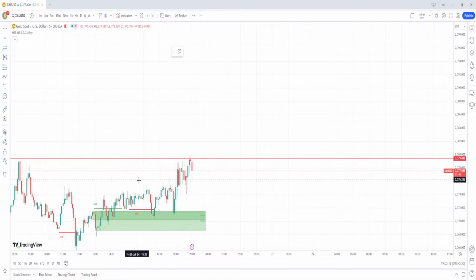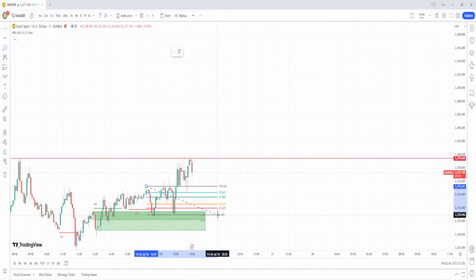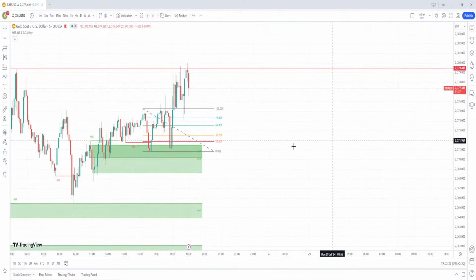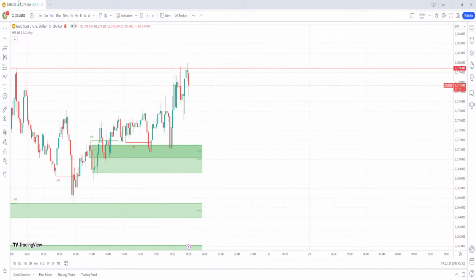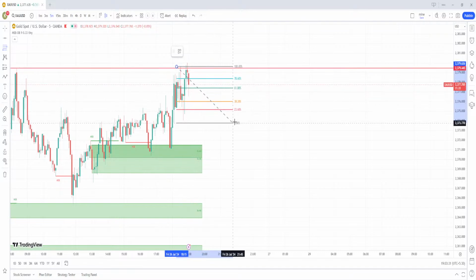See, at first we are going to check these levels. So we should wait for the retest. This is the high and this is the low.